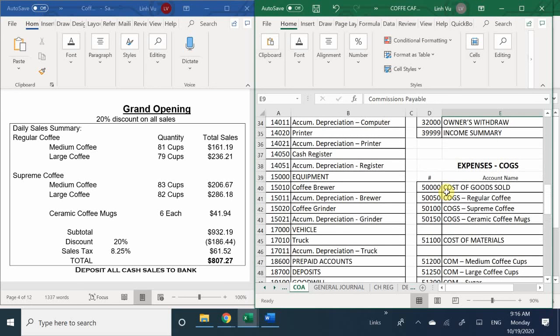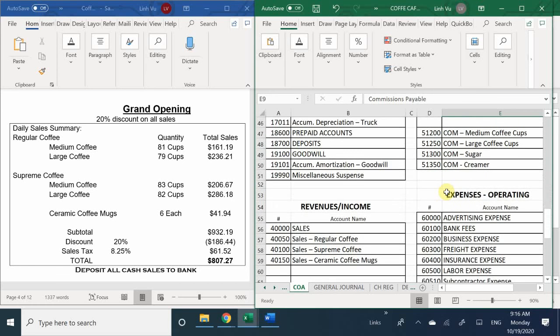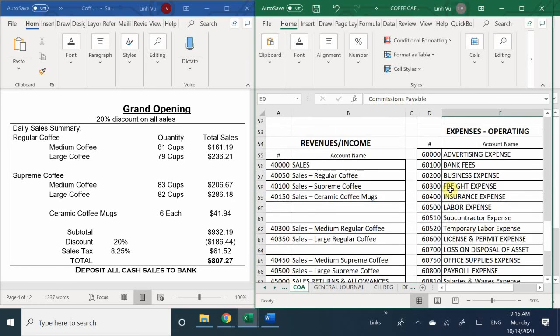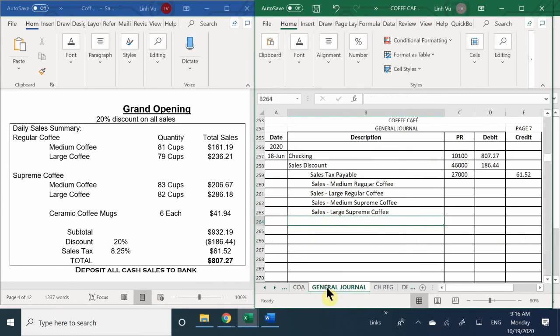Because if you just write coffee mugs, it also looks like your inventory, right? Yes, it does. So you want to be very specific, and the account title has to be exactly what we have. So in this case, I have sales ceramic coffee mugs for 4150.